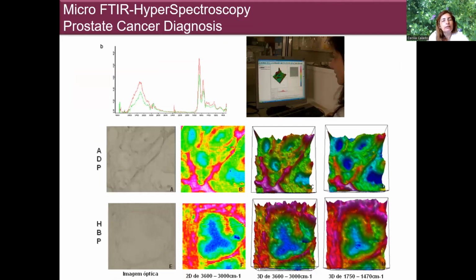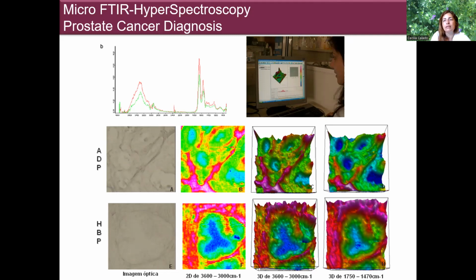Just for a practical example, these here are optical microscopic observations, and this is the infrared reconstruction of this based on the area of one of the peaks of the infrared spectra.